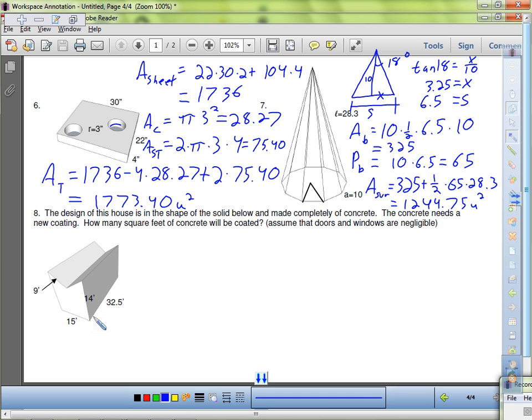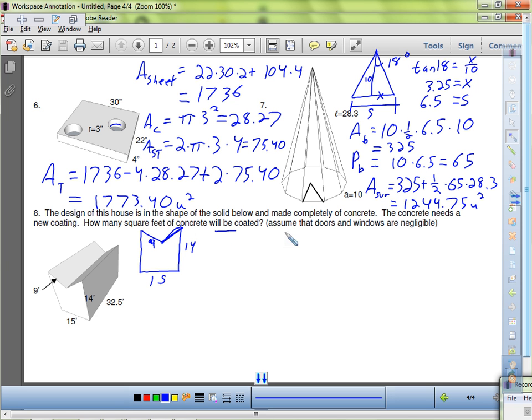We know that if I take this object and I look at it from the side, this is what I've got. This is 9, 14, 15. Now, I need to figure out this height.